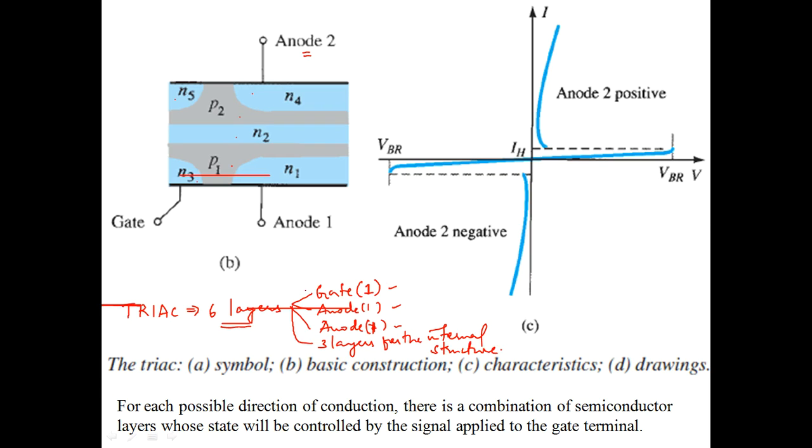But what about the extra, additional layer? Because here the total number of layers is 7. Students are not supposed to get confused. The only intention of adding one more layer is just to showcase that the gate can either be connected here or it can be connected here.